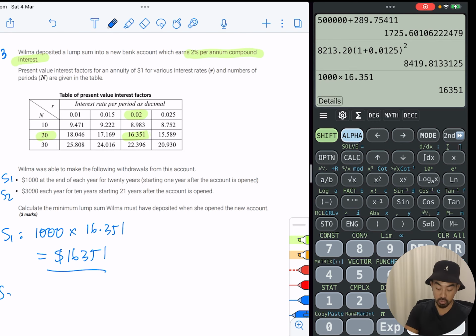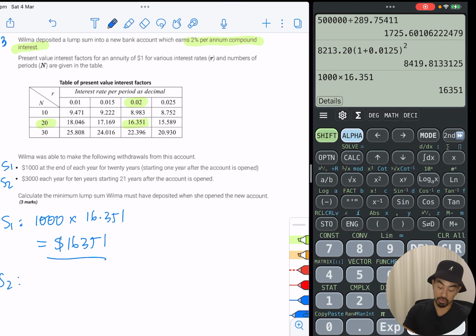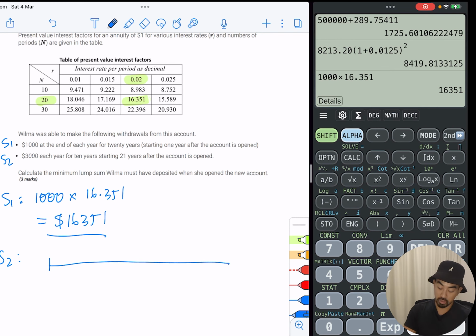Okay, now scenario 2 is a little bit more tricky because, just draw a quick timeline for you. It's starting 21 years after the account is open.